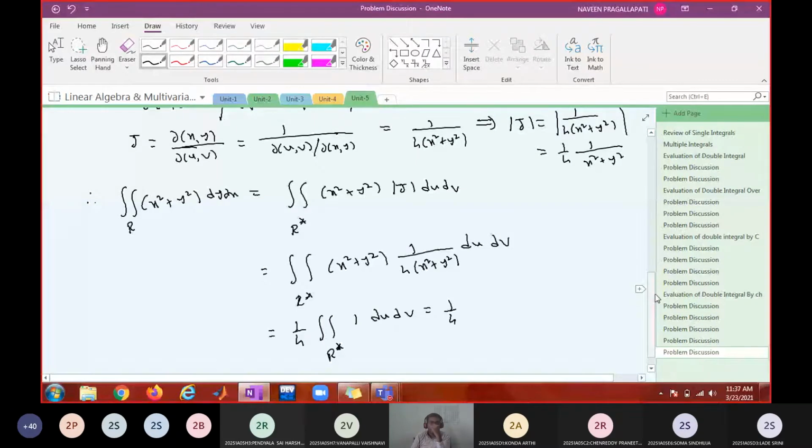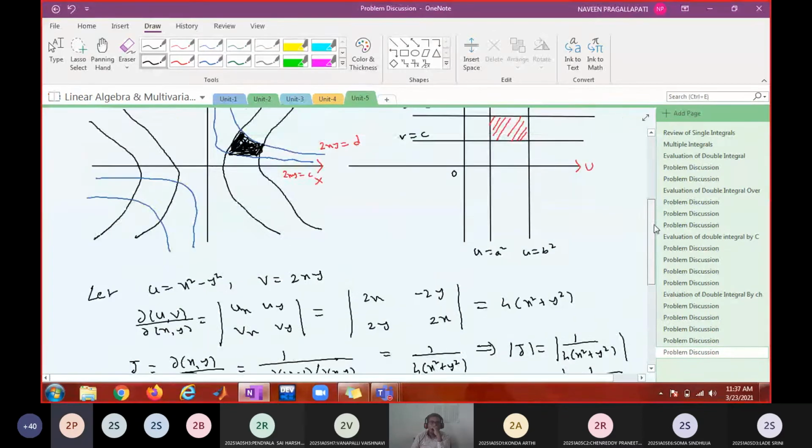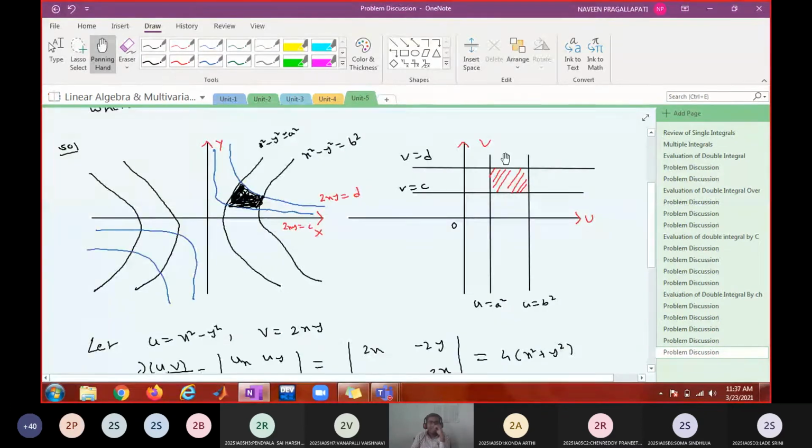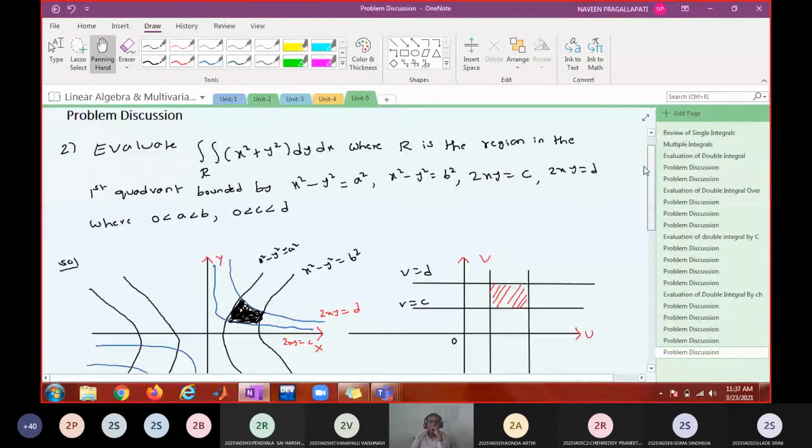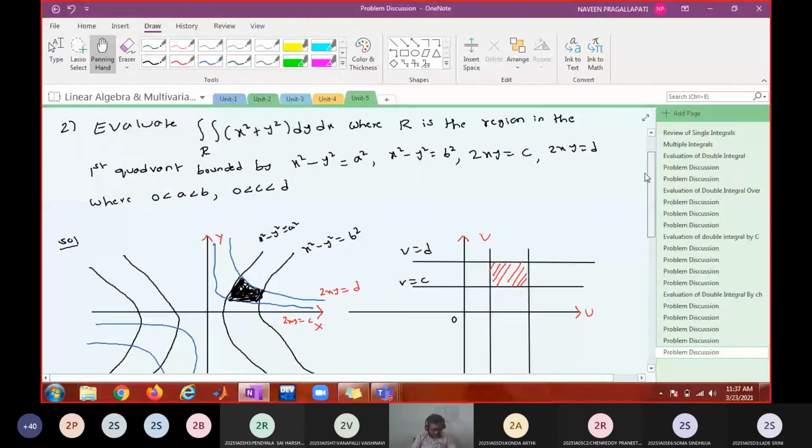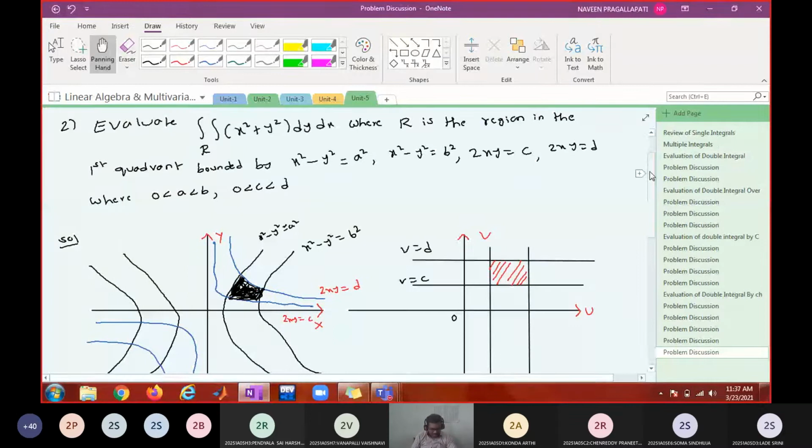So what is that area? It is the length times the width. What is the length? What is the width? Length is b square minus a square. Width is d minus c. Is that okay? So the answer is going to be.